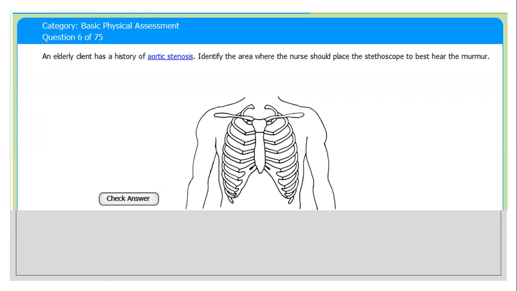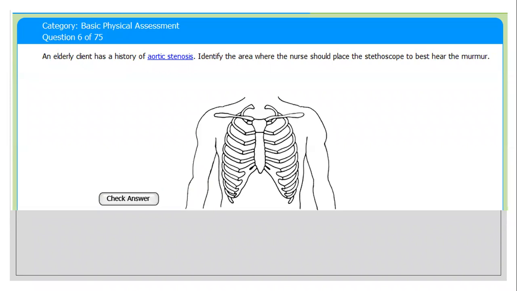Aortic stenosis, or aortic valve stenosis, is the narrowing of the aortic valve, which separates the left ventricle from the aorta. So on the body surface area, we have to put the icon where the aortic valve is.